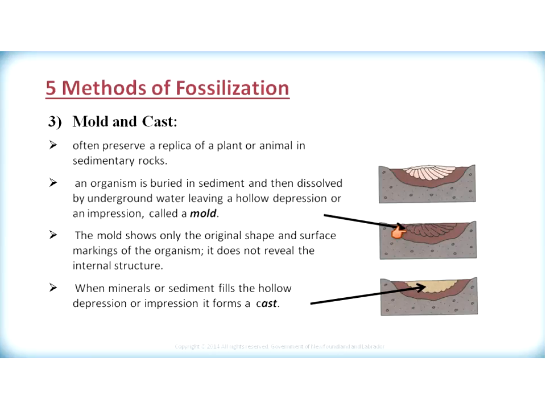After the mold is formed, the mold shows only the original shape of the surface markings of the organism. It does not reveal the internal structure. When minerals or sediment fills in the hollow depression or impression, it forms what's called a cast. And the cast will be a reverse replica of the original organism.